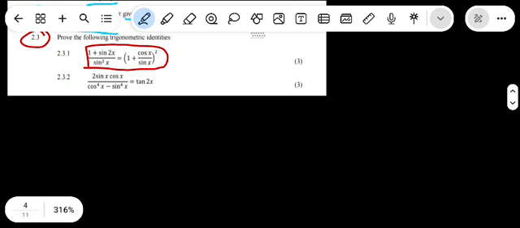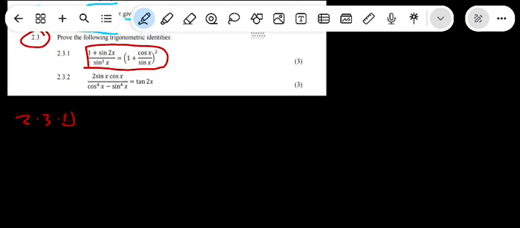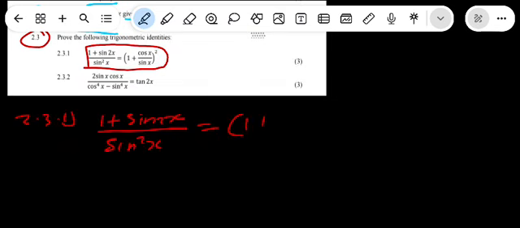What are we given to prove? We are given 2.3.1: 1 plus sine 2x divided by sine squared x must be equal to 1 plus cos x divided by sine x, all over this squared.